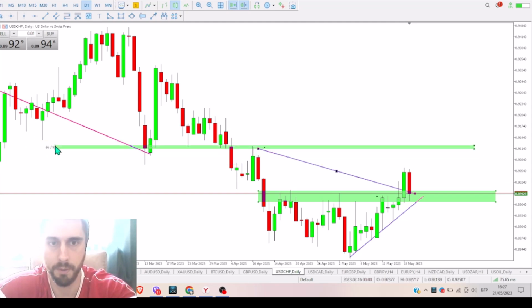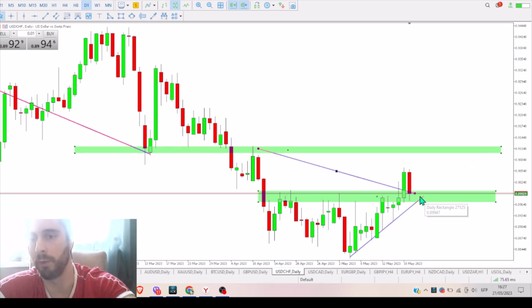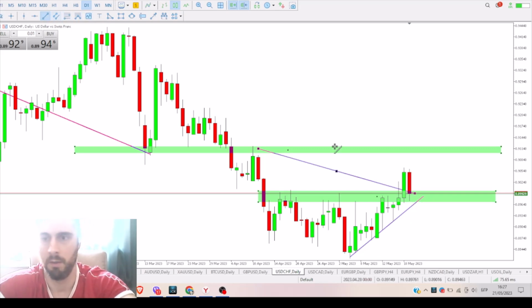Let's mark it up for the price, and that should be the goal for the buyers who have bought at this retest. Okay, I have one trade on this chart with a stop loss below these lows. I'll take profit exactly at this high.